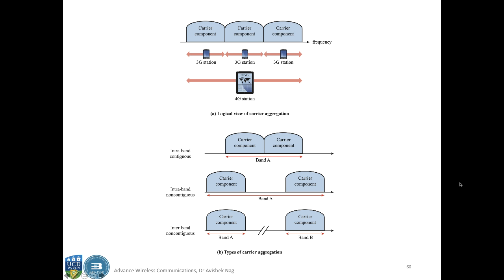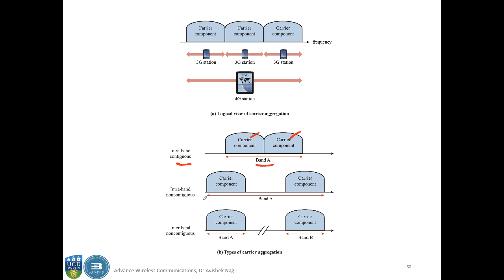So we were talking about carrier aggregation, and as you can see, there are several component carriers, and you can stitch them together as the diagram shows to get a combined carrier which gives you better and larger bandwidth. And then you can have intra-band contiguous, so within the same band you have 2 carrier components which you are stitching together.